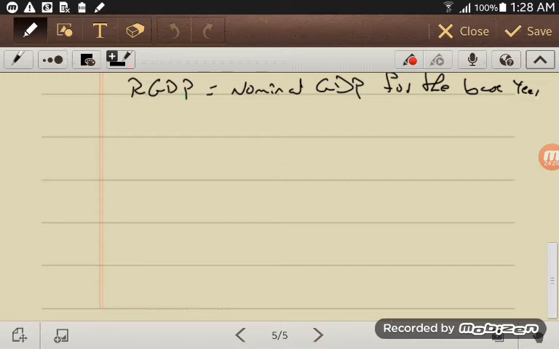And index number 2 is related to prices, which is an indicator of the general price level. It's known as GDP deflator. So we are going to use nominal and real GDP in order to calculate these two indexes.